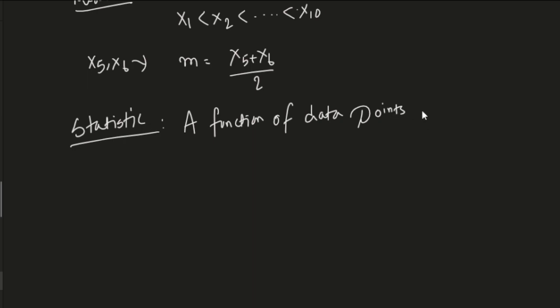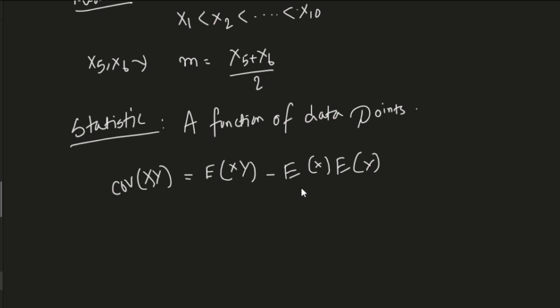So an example of a statistic would be, covariance of x comma y would be e of xy minus e of x into e of y, right?